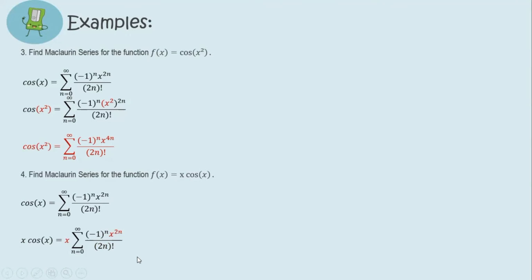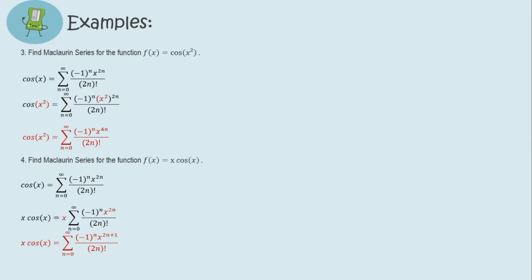So x cosine x is x times the summation from n = 0 to infinity of the quantity negative 1 to the power of n, x to the power of 2n over the quantity 2n factorial. And the answer is x cosine x is equal to the summation from n = 0 to infinity of the quantity negative 1 to the power of n, x to the power of 2n plus 1 over the quantity 2n factorial. That would be all.